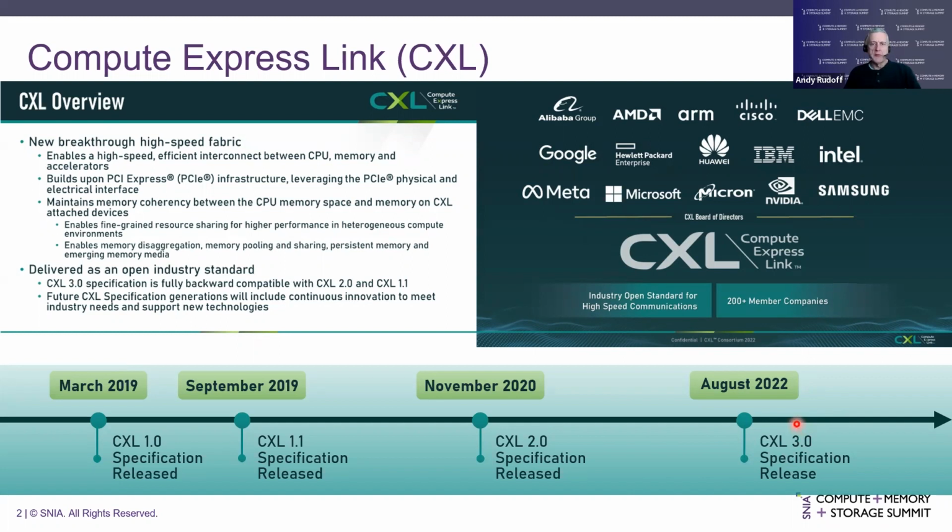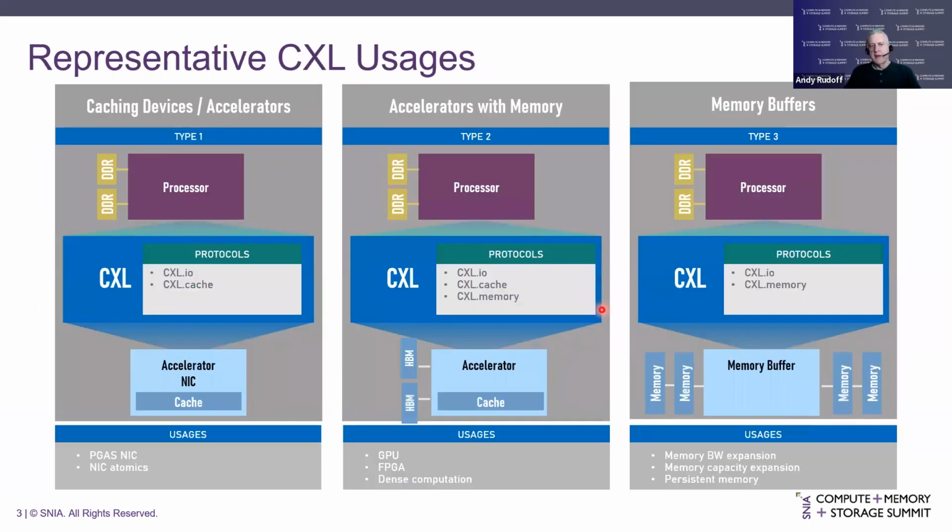So another small bit of background here is that when we talk about CXL, we like to use these representative use cases. We like to refer to them as type 1, type 2, and type 3 devices. CXL runs 3 different protocols over those electricals that I mentioned earlier. CXL.io is the protocol for identifying devices and managing them.